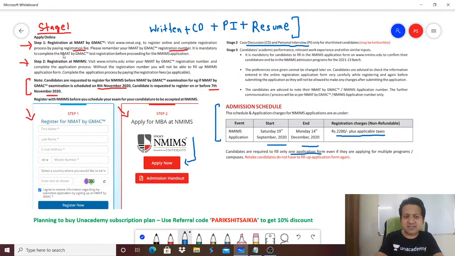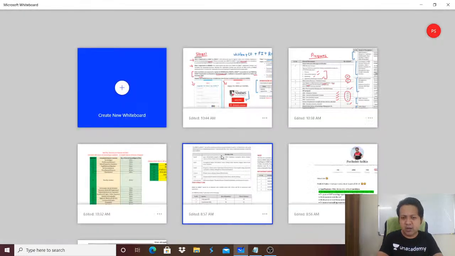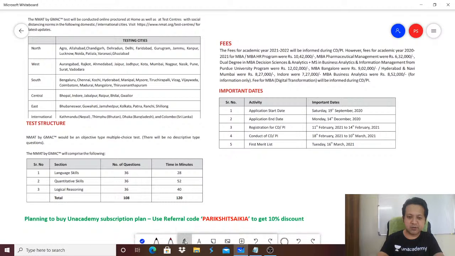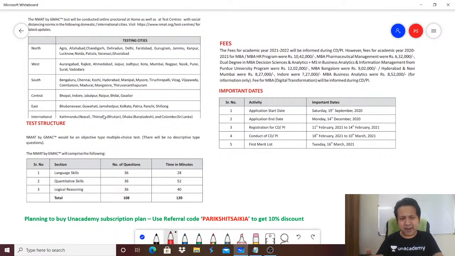Now, once you understand the application process, the next thing that you wish to look at would probably be the different test centers, the cutoffs, and the fees in NMAT in the NMIMS campus. Now, let's look at this time NMAT. Obviously, it will be conducted online. So you can take the test from the test centers as well as from home.